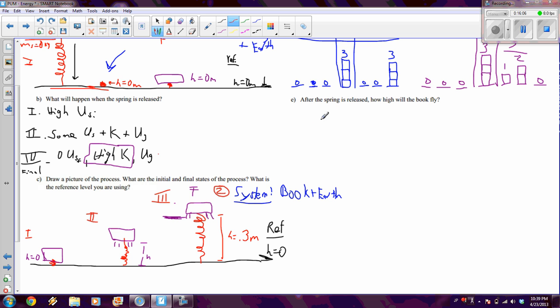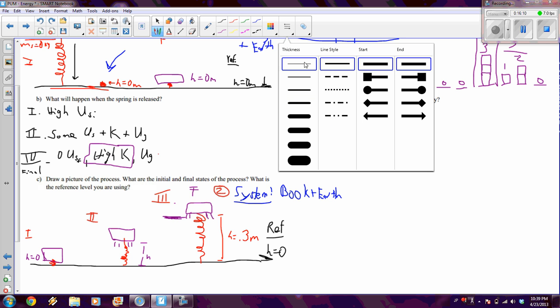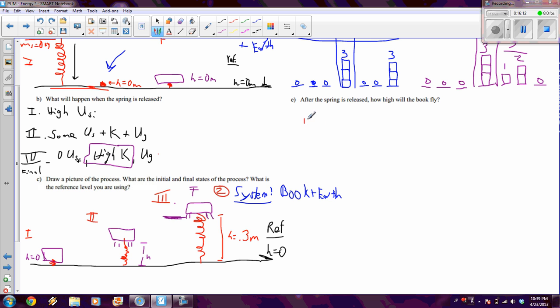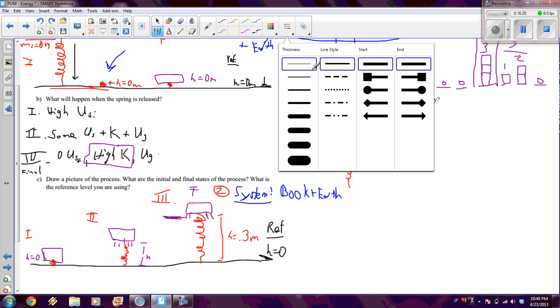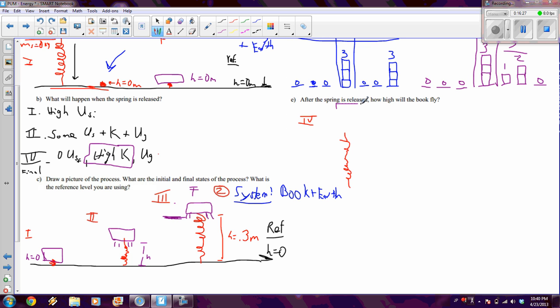We can just add a 4th step and say that after the spring's released and it lets go and it's no longer compressed, the book is going to fly into the air at some height, and it's going to stop at this point.